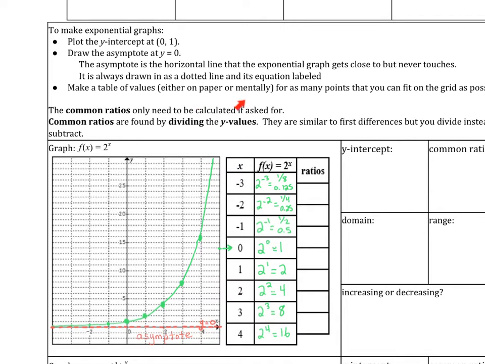Now you could do it mentally or you can do it on paper, like here. So for instance, this one here is y equals 2 to the x. If we wanted to graph y equals 3 to the x, then once again you start when x is equal to 0.